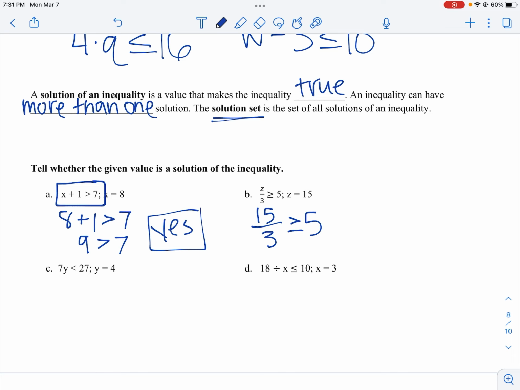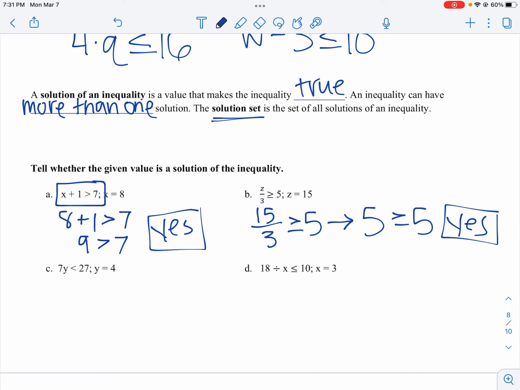What is 15 divided by 3? It is 5. So we have 5 is greater than or equal to 5. Is that true? Yes, it is true, because it has that equals sign, the line on the bottom, that makes it true. If it didn't have that line, it would not be true, because it would be saying 5 is greater than 5, which is not true.